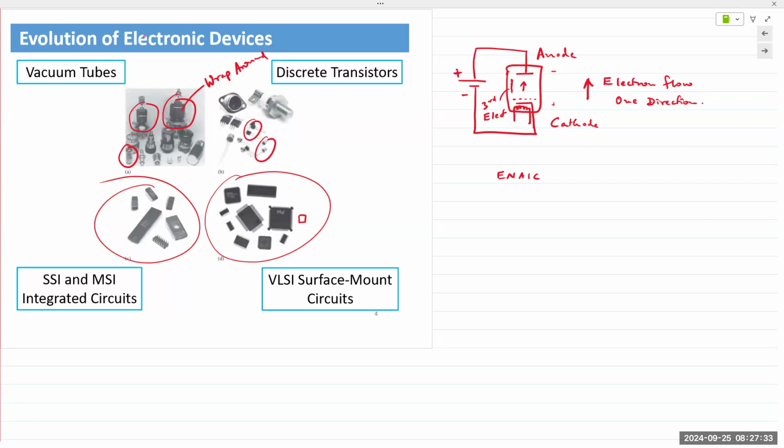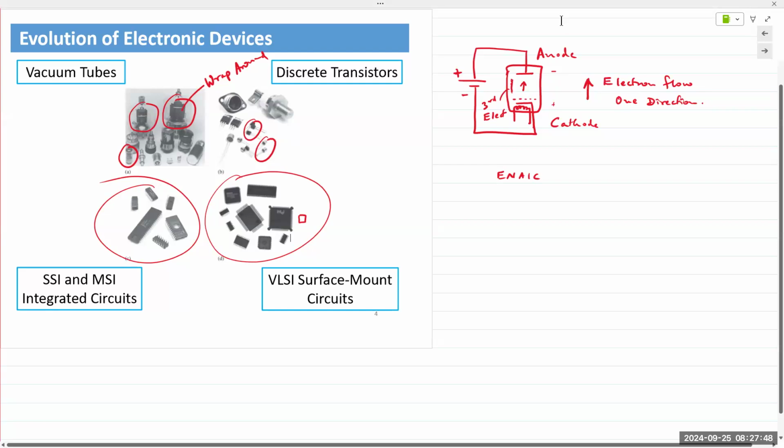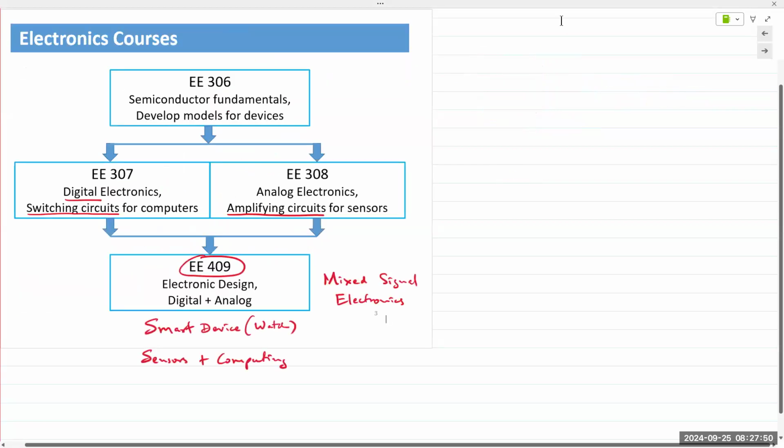Which brings me to two more classes. If you wish to learn further about how actual microchips are made or how semiconductor fabrication takes place, you have one major class you can take in your fourth year. It is EE 423, Introduction to Micro Nano Fabrication.